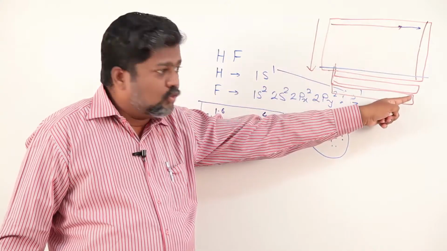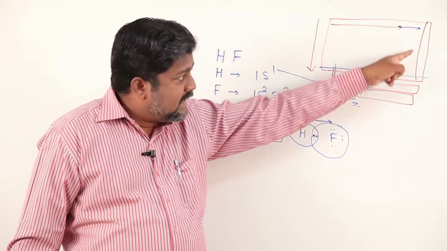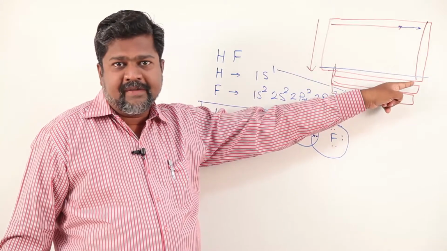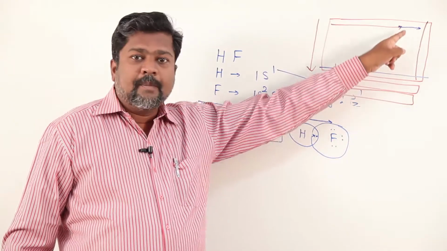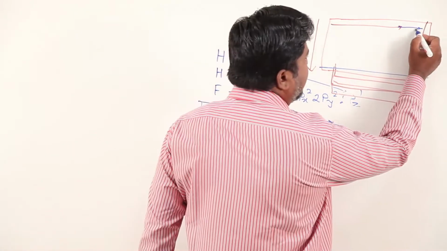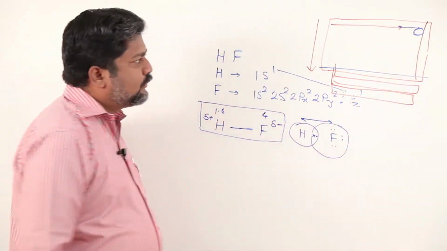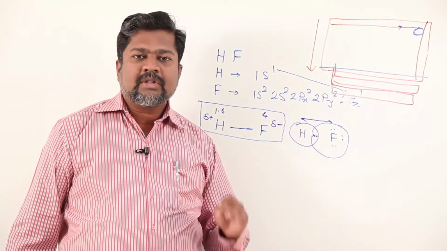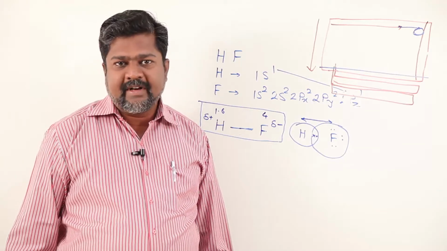As we move down the group, no doubt this entire group has more electronegativity, but as we move down the group, electronegativity decreases, and therefore this element, fluorine, is the most electronegative element in the periodic table.